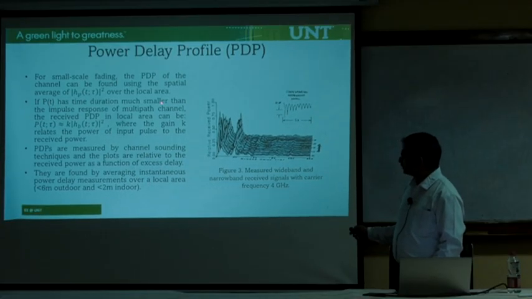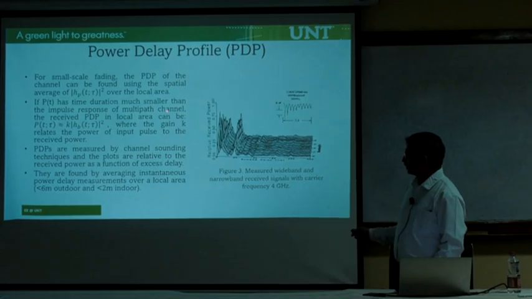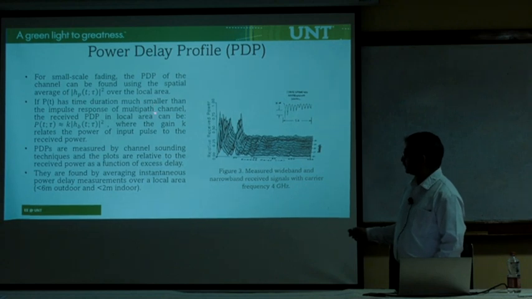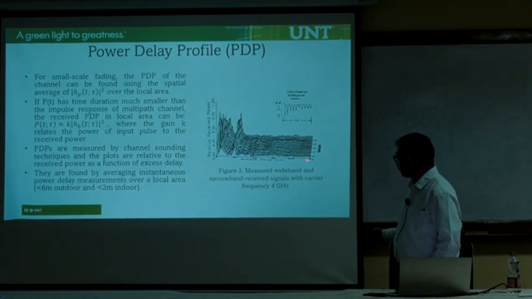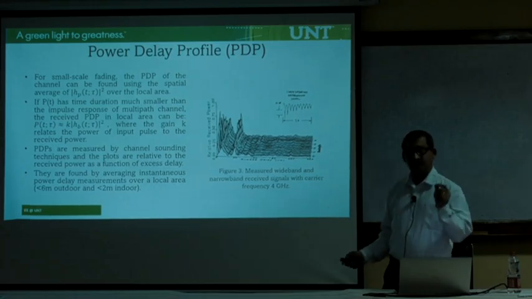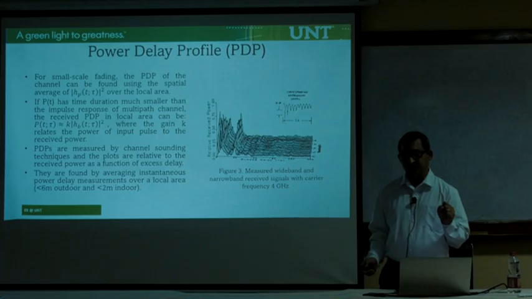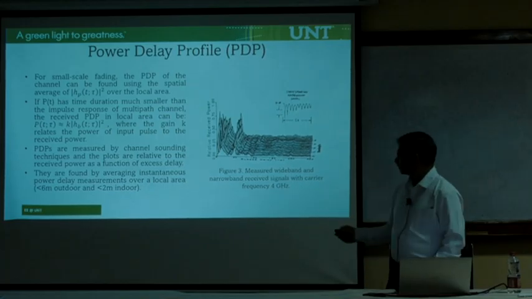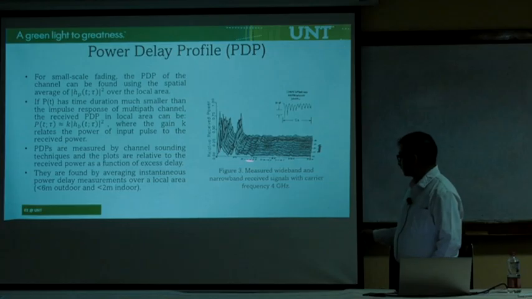And if the duration is smaller than the impulse response of a multipath channel, what do you mean by smaller than the impulse response of a channel? You're talking about how long you are getting the delayed versions of the signal. So when you send one signal at the transmitter like a pulse, you're going to get multiple copies. But how long? That is the x-axis.